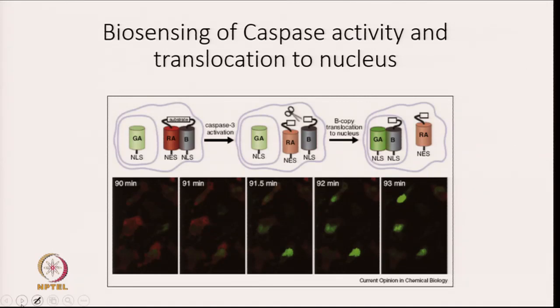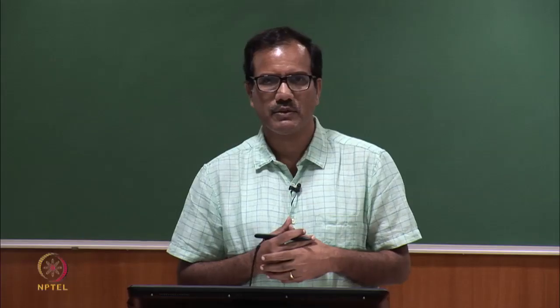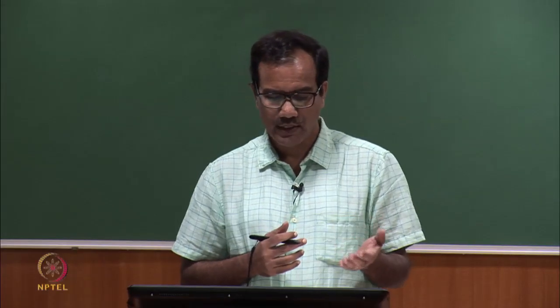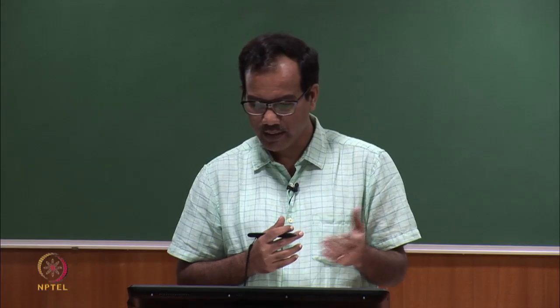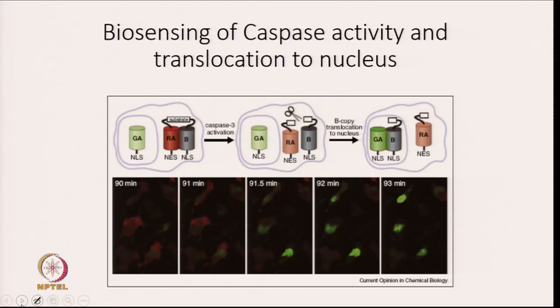There are other kinds of sensing which can be done using fluorescence microscopy. One example given here is biosensing of caspase activity and translocation to the nucleus.